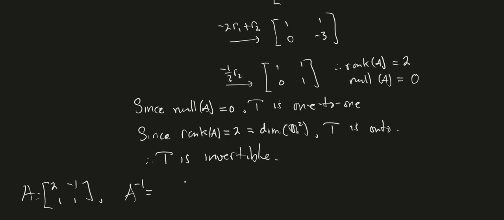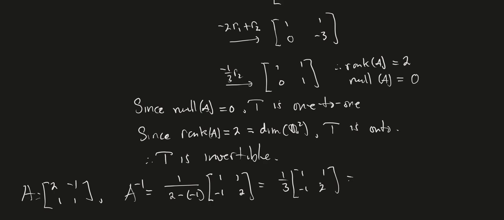A inverse is 1 over the determinant of A, and the determinant of A is 2 minus negative 1, times the adjoint. The adjoint for a 2 by 2 matrix is this. Right, so we end up with 1/3 times 1, 1, negative 1, 2. Distribute the 1/3. What do we end up with? 1/3, 1/3, negative 1, 2.